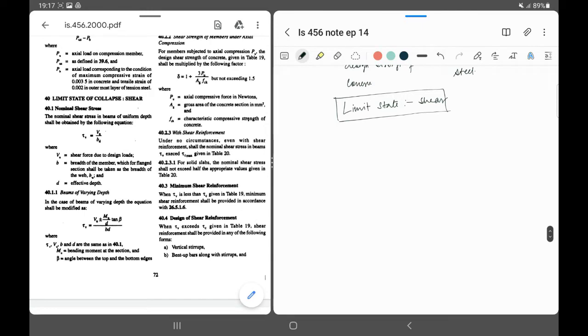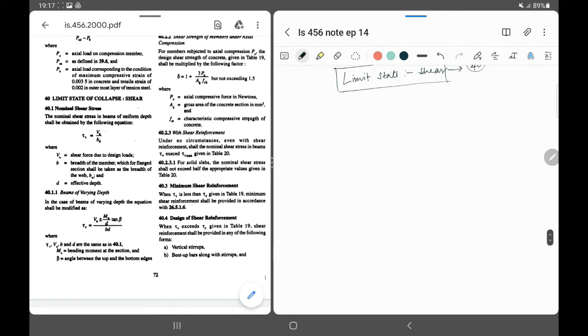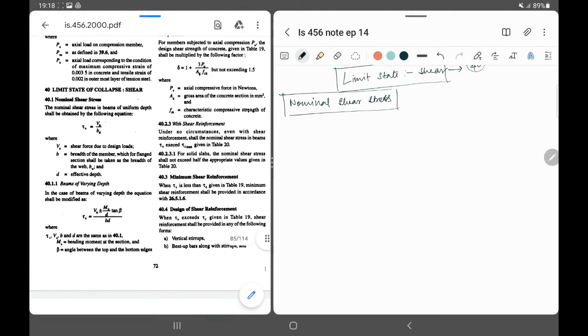So this whole shear concept comes under clause number 40. First we talk about nominal shear stress. If you want, you can play this video at 1.25x or 1.5x. So what is the nominal shear stress?